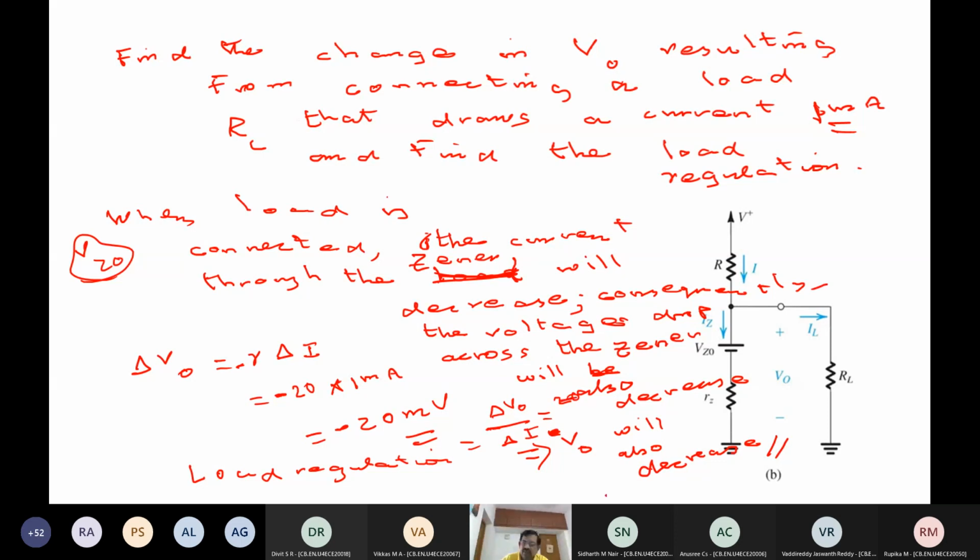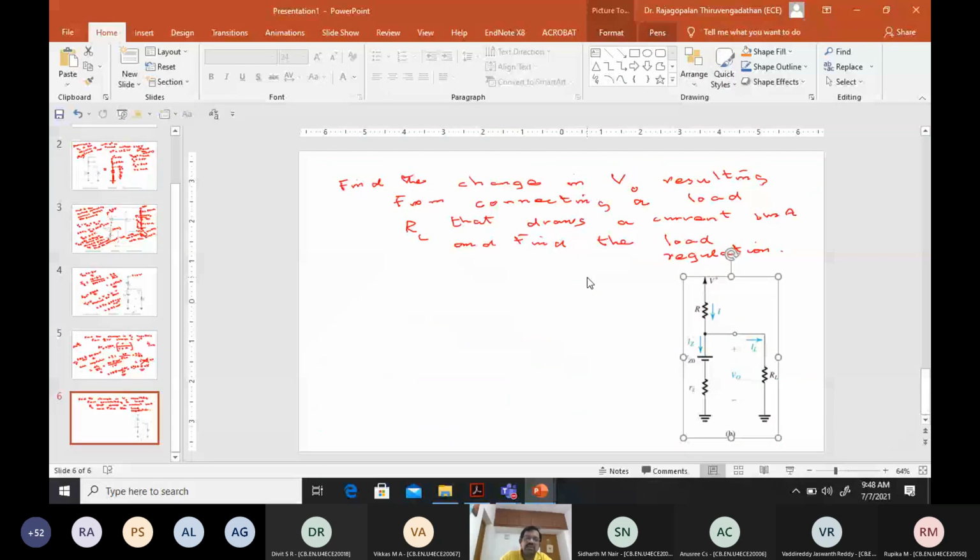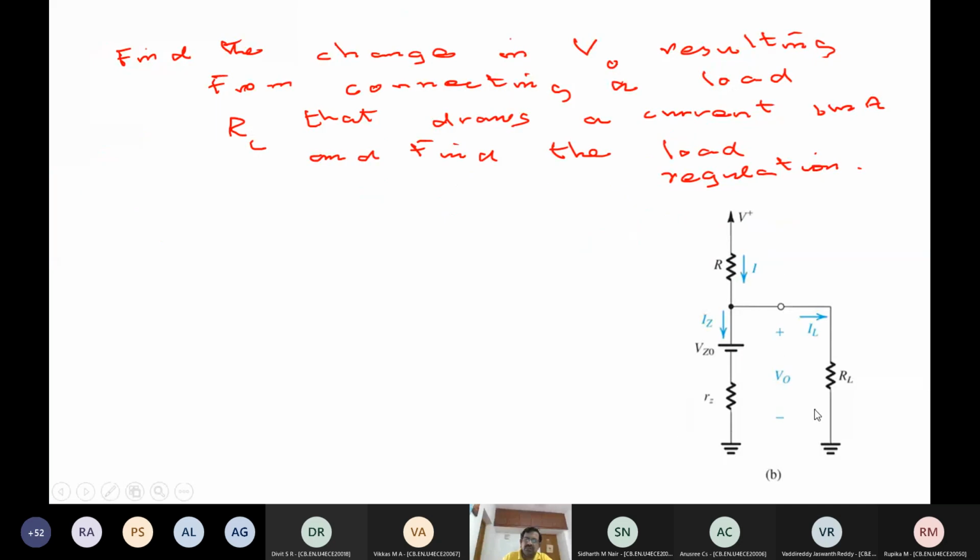Okay, let me write it clearly. Because there is no space over there, maybe I can write it here. Okay, so let me rewrite that. I have explained that over there. So delta V0 we found to be minus 20 millivolt.